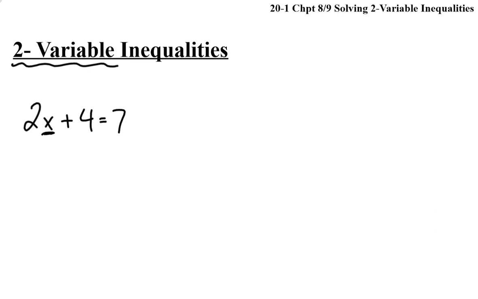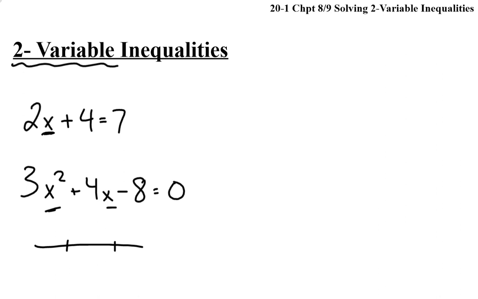We also had quadratics, 3x squared plus 4x minus 8 equaled 0, single variable being x's only, and with inequalities we needed to identify where our quadratic was less than 0.